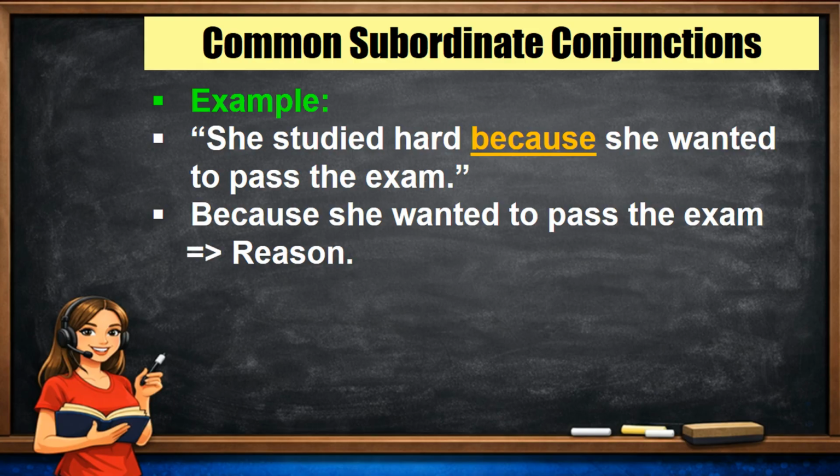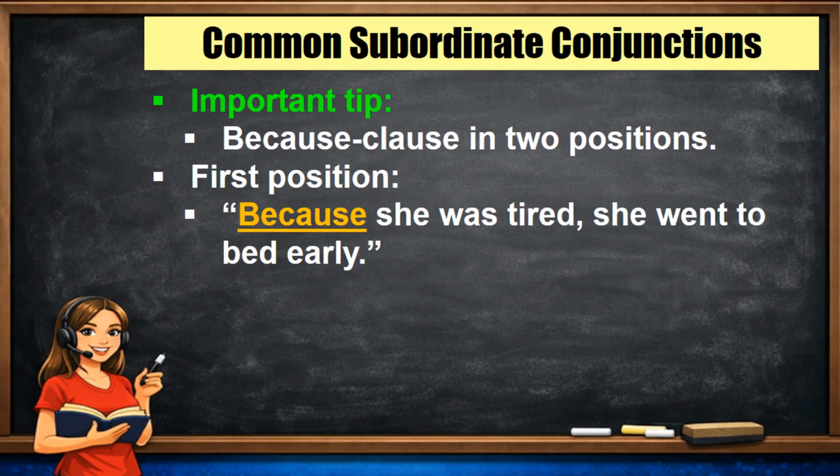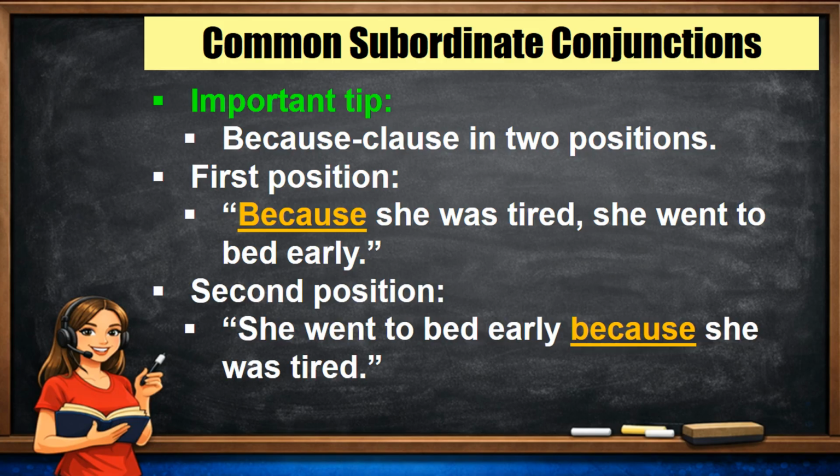Good decision. Important tip. You can place the because clause in two positions. Example, first position. Because she was tired, she went to bed early. Second position. She went to bed early because she was tired. Both are correct.